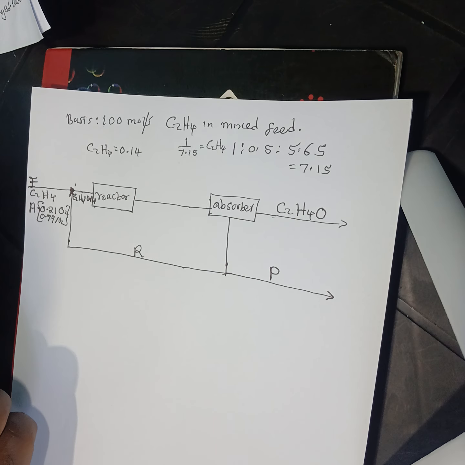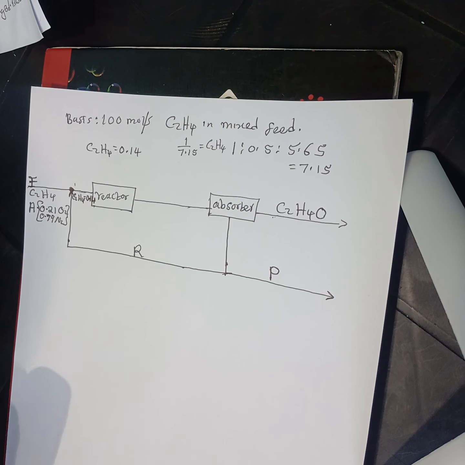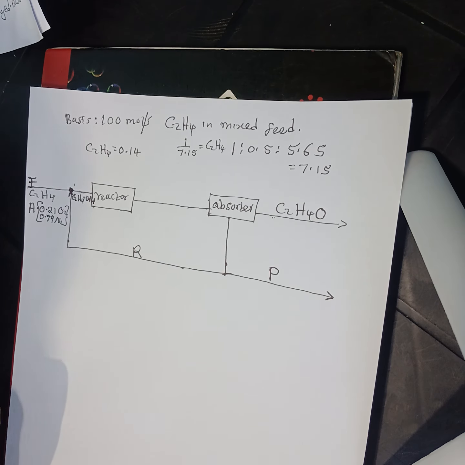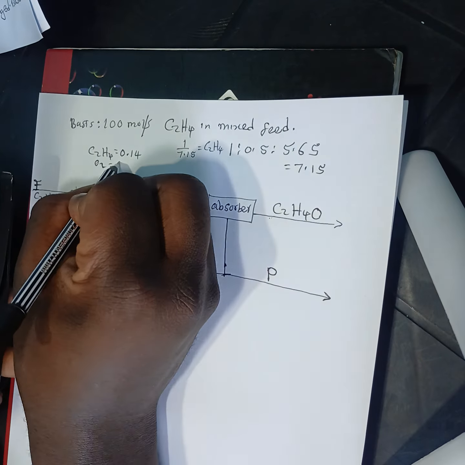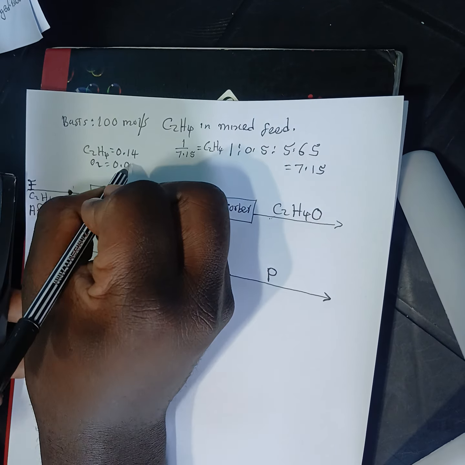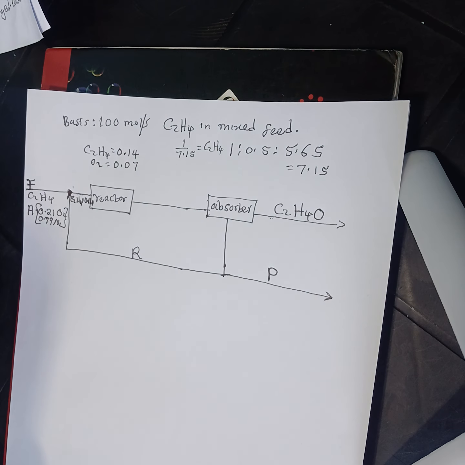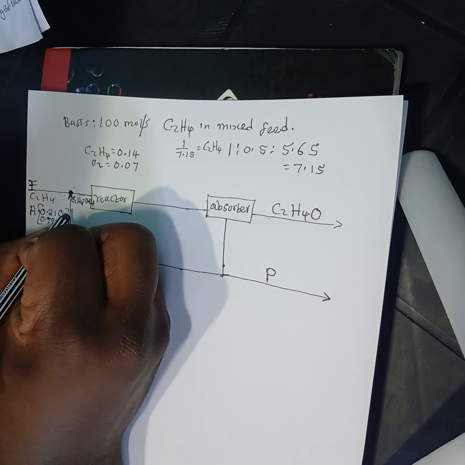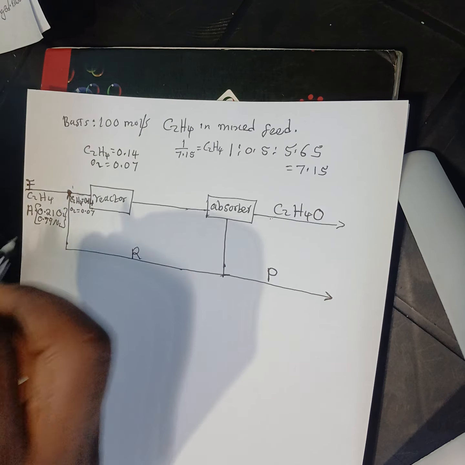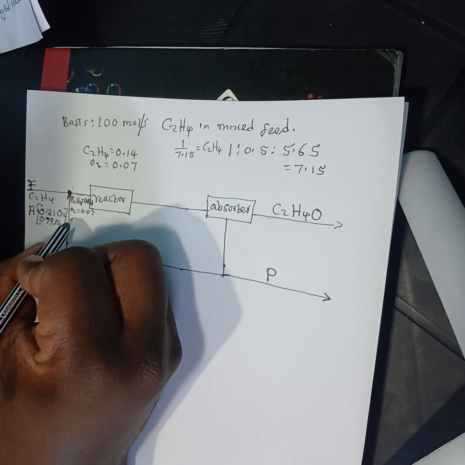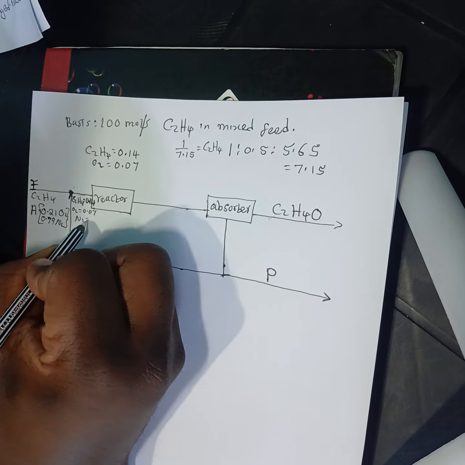Meaning we are also going to have oxygen to be 0.5 divided by 7.15, which gives us oxygen equal to 0.07 when you round off. So it's the same as us writing it here, 0.07. That's oxygen.